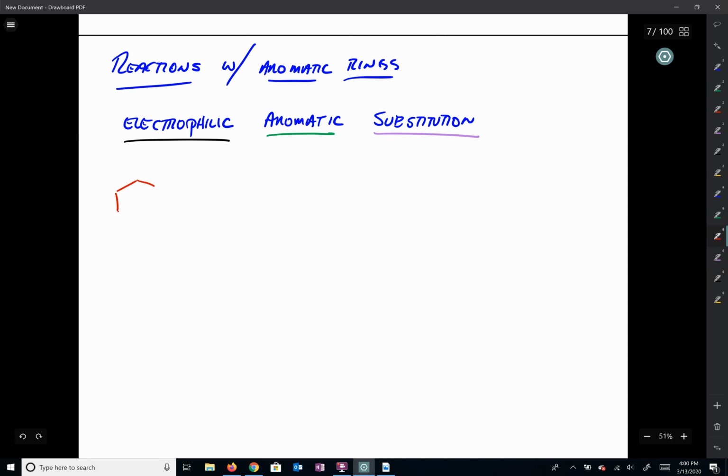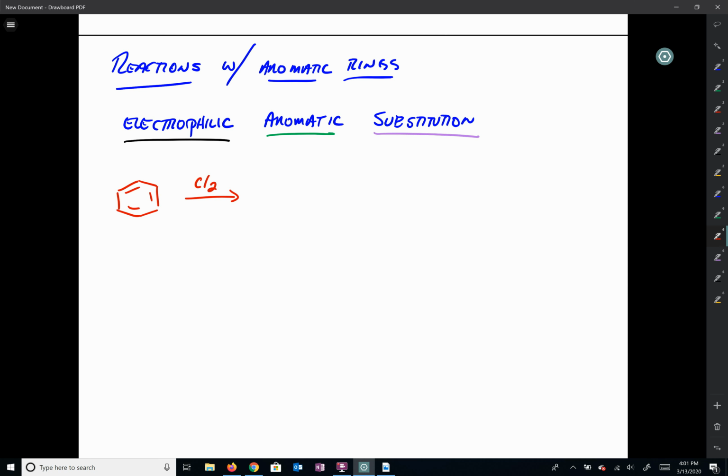So, if we have this, let me draw that a little bit nicer there. Okay, so simple halogenation, right? So this will work with chlorine or bromine. I'll show them both in just a second here.